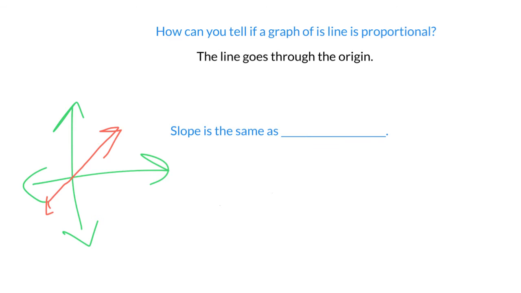How about slope? We've said before, slope is the same thing as unit rate. So you have to know that a line being proportional on a graph goes through the origin. And you have to know that slope and unit rate are exactly the same thing.